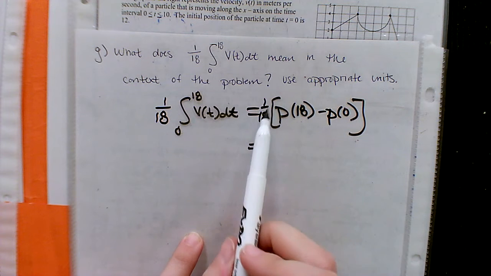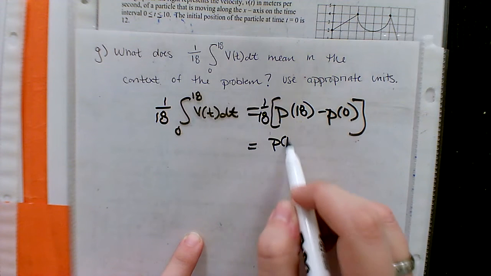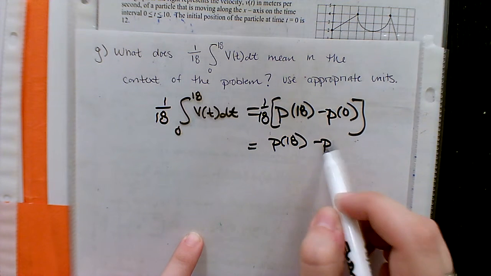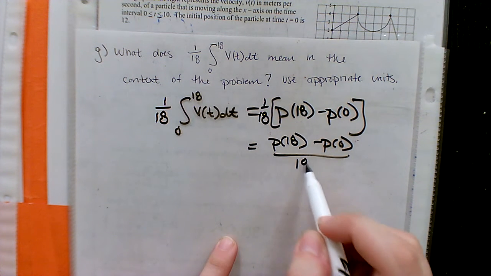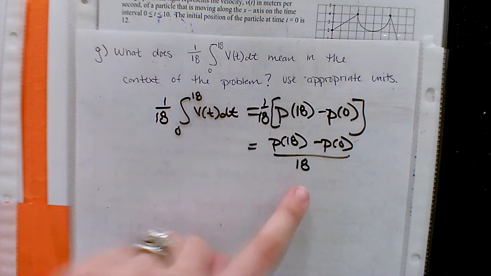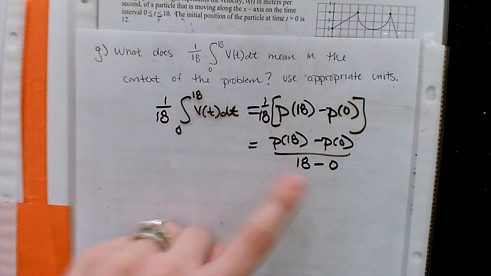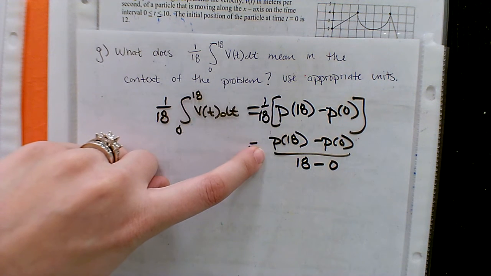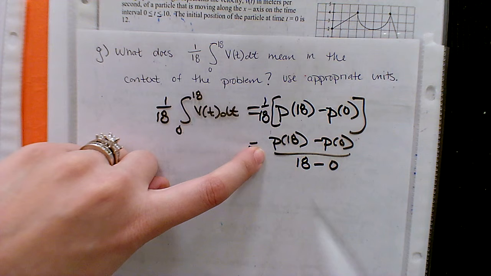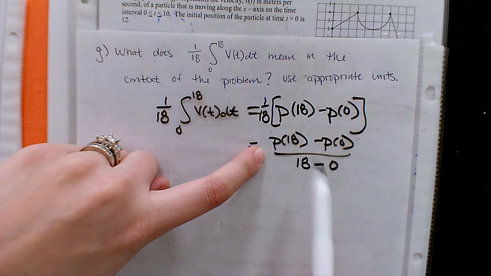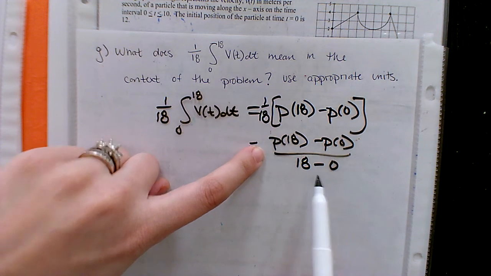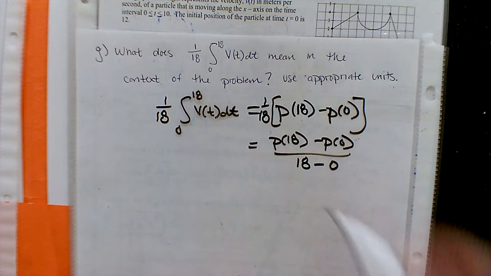So rewriting this, we could have P of 18 minus P of 0. That's your displacement, a change in position, over 18, which is the same as 18 minus 0. This is slope, right? Change in y's over change in x's. We have change in position over time.